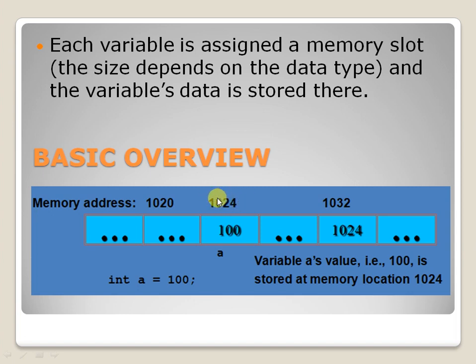This is just a random memory address. It's not the actual notation for the memory address. We denote it in hexadecimal, but just for the sake of example I have used the number 1024. So a variable is holding a certain value, and this variable is stored at this location 1024, right? And let's suppose I have one more variable b, and b is stored somewhere here, right?